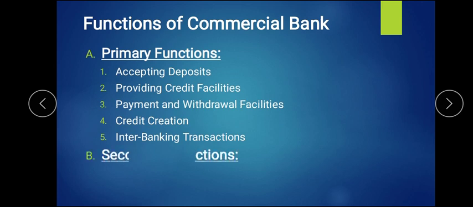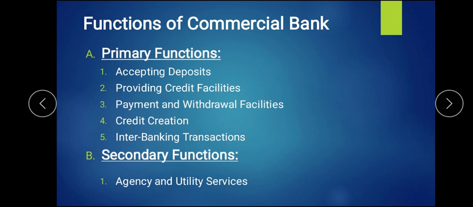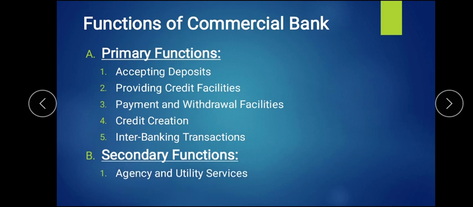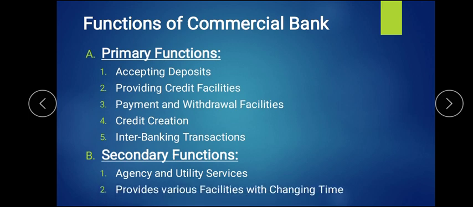Let's study the secondary functions. The main secondary functions are that the bank acts as an agent and provides utility services, meaning different utility services are given to us. And lastly, it provides various facilities with changing times. As time has passed, it is now a digital era and came with different things, like nowadays we use credit cards, debit cards, and net banking.